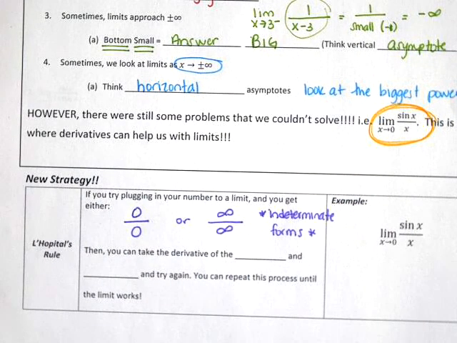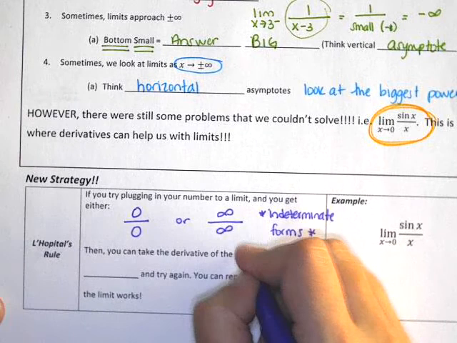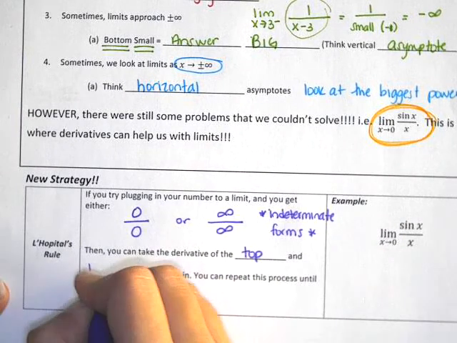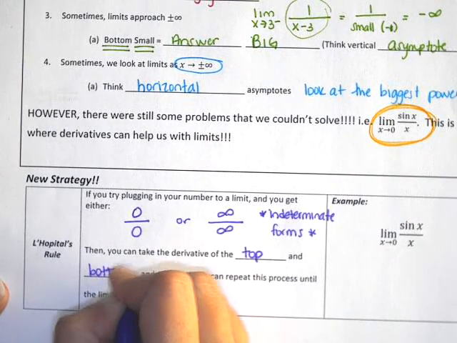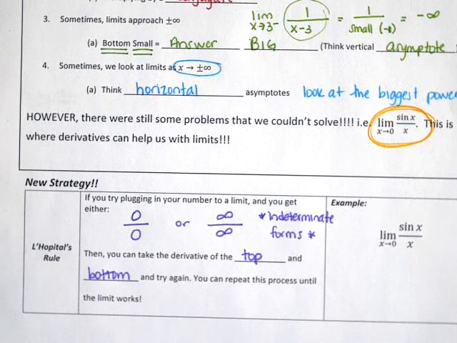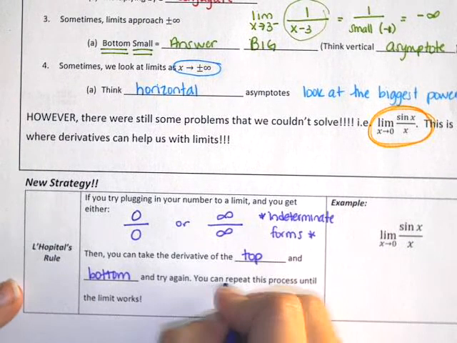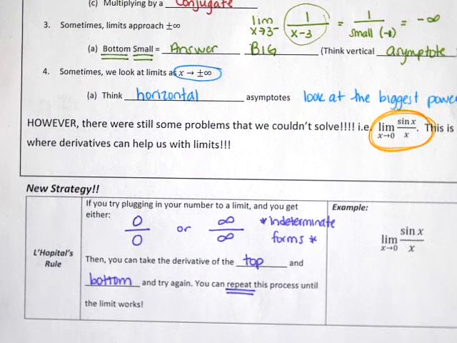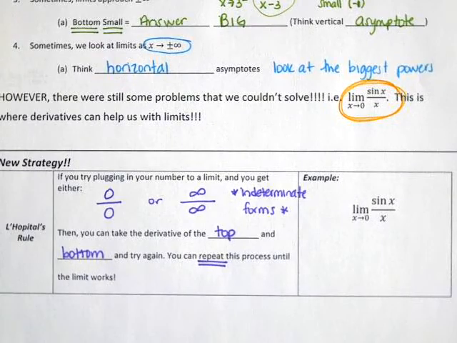Then you can take the derivative of the top, take the derivative of the bottom, do it separately, don't use quotient rule, and then try to take the limit again. And you are allowed to repeat this until the limit works. This is what's called L'Hopital's rule. So let me show you.